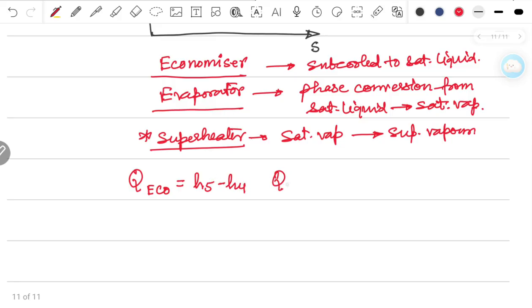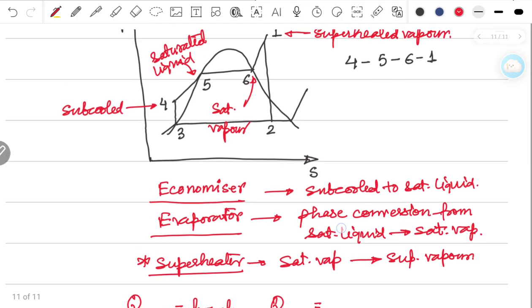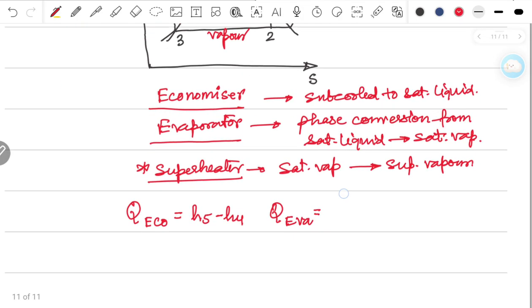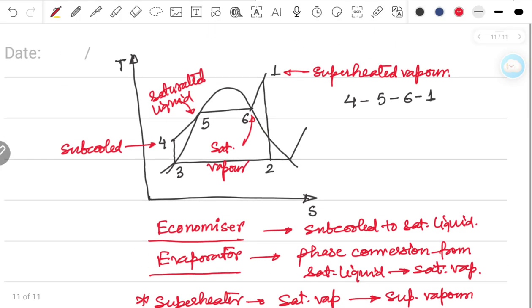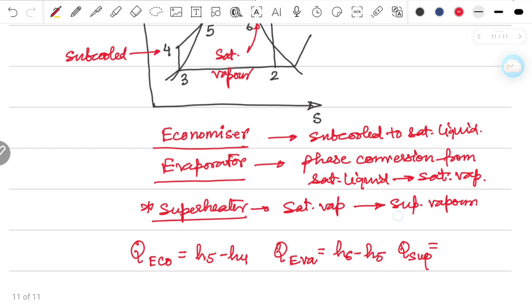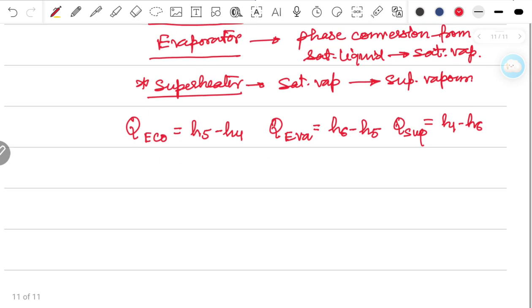The heat transfer in the evaporator will be from 5 to 6, that is H6 minus H5, and the heat transfer in the superheater will be from 6 to 1, that is H1 minus H6. So these are the heat transfers in different components of the boiler.